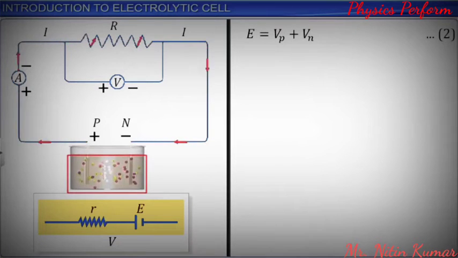Now, as the resistance is finite, I is not equal to 0. As I is not equal to 0, I also has to pass through the electrolyte to maintain a continuous flow of charge. The electrolyte has a finite resistance r, called the internal resistance of the cell.